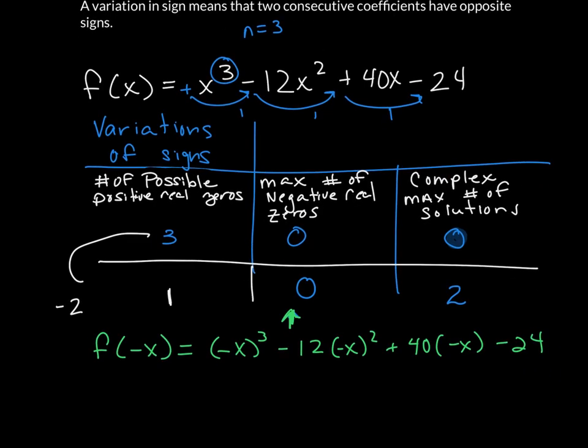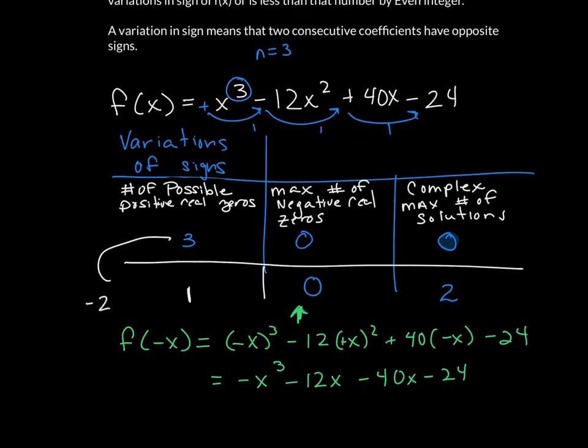And I see what happens there. You get a negative x to the third. The x squared on the inside, when it squares, becomes positive, and it stays a negative 12x. Then a negative 40x and a negative 24. And this is the rule here.